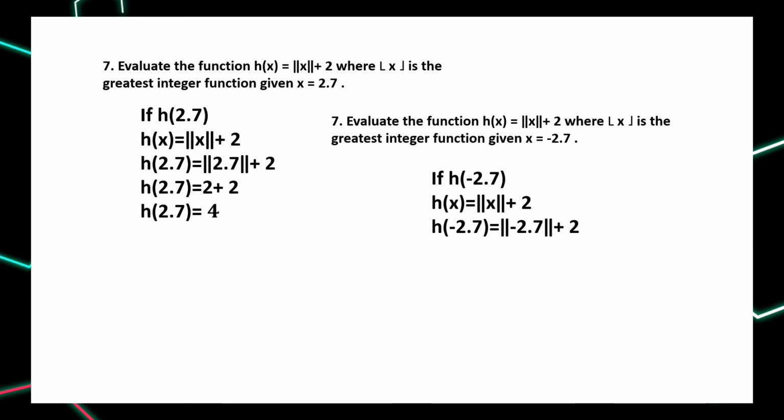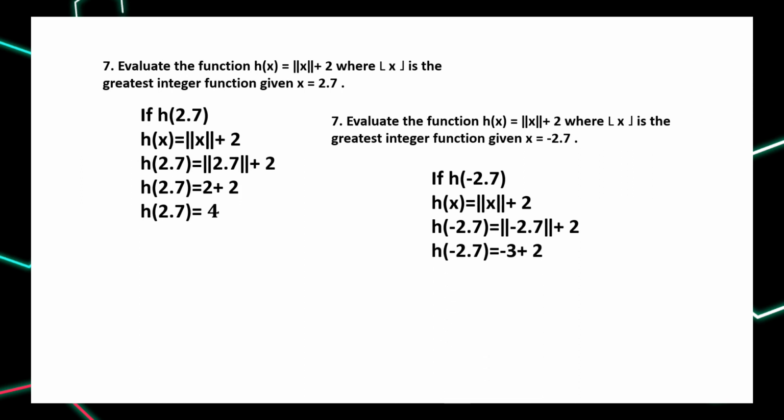So di po ba si negative 2.7 ay nasa pagitan ni negative 2 at ni negative 3. So, sino ba ang mas mababa kay negative 2 at negative 3? Ang mas mababa kay negative 2 at kay negative 3 ay si negative 3. Kasi mas lumalayo sa 0, mas bumababa ang value doon sa negative side.